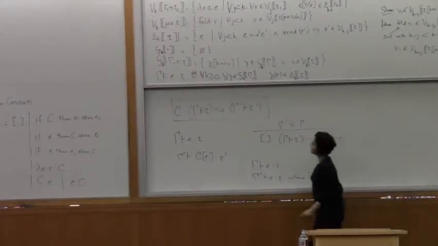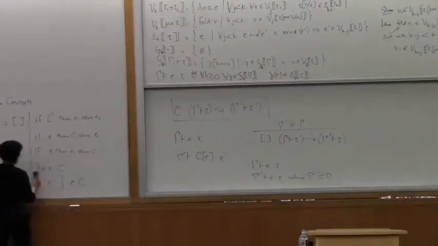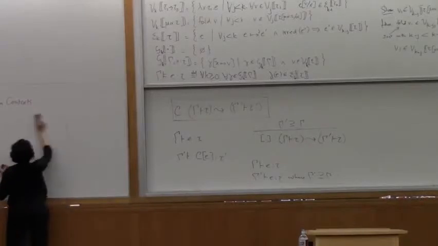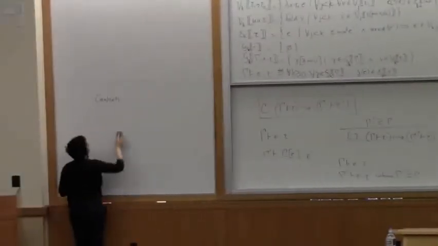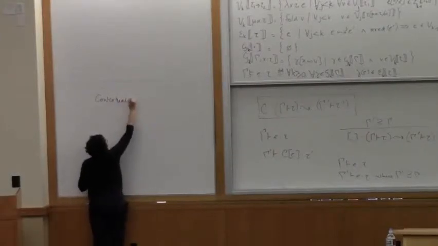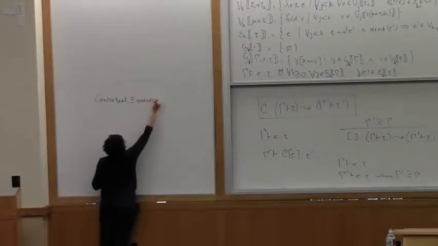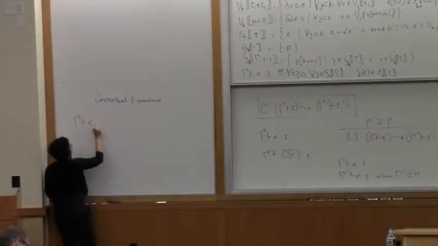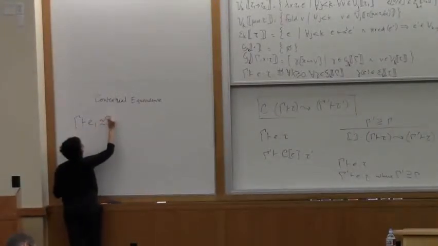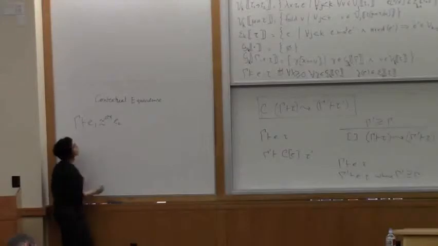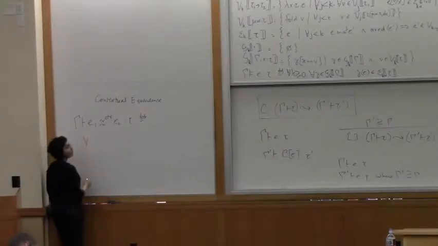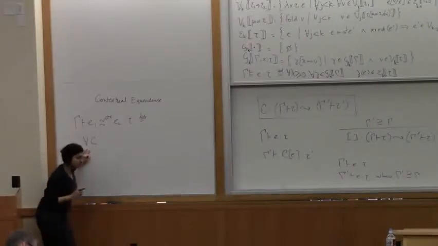So let's define contextual equivalence. Okay, so we say that E1 is contextually equivalent to E2 at the type tau if, given an arbitrary program context C, okay, let's pause for a second.